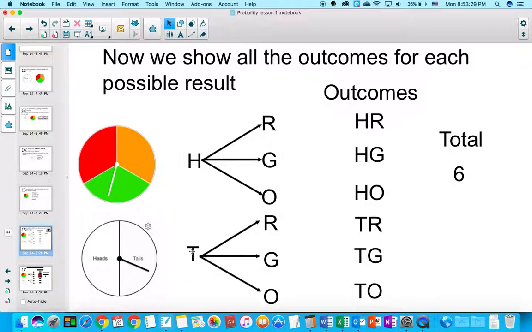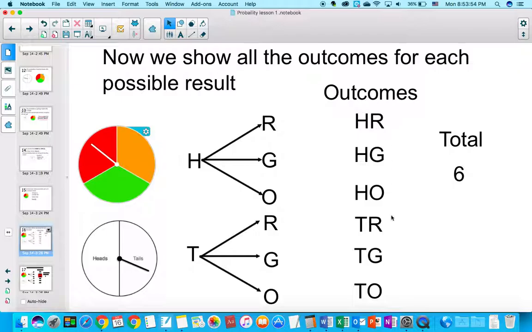You could get tails with red, you could get tails with green, and you could get tails with orange. So each of these are an independent event. You could get heads with red, heads with green, heads with orange, or you could also get tails with red, tails with green, and tails with orange.